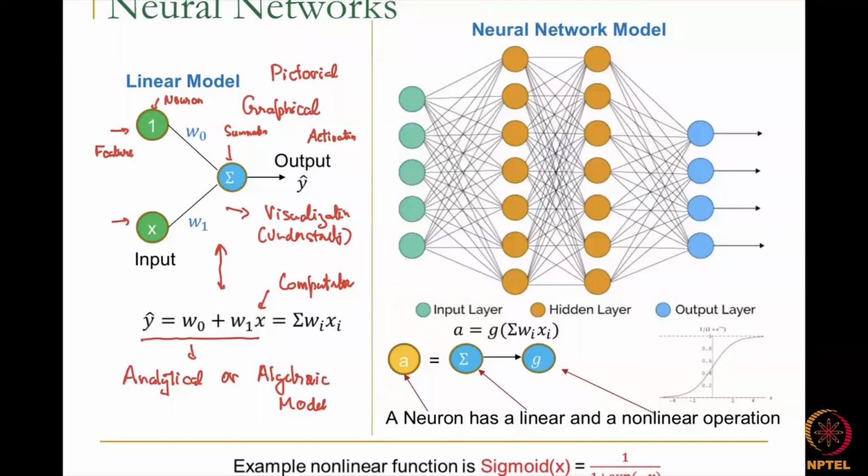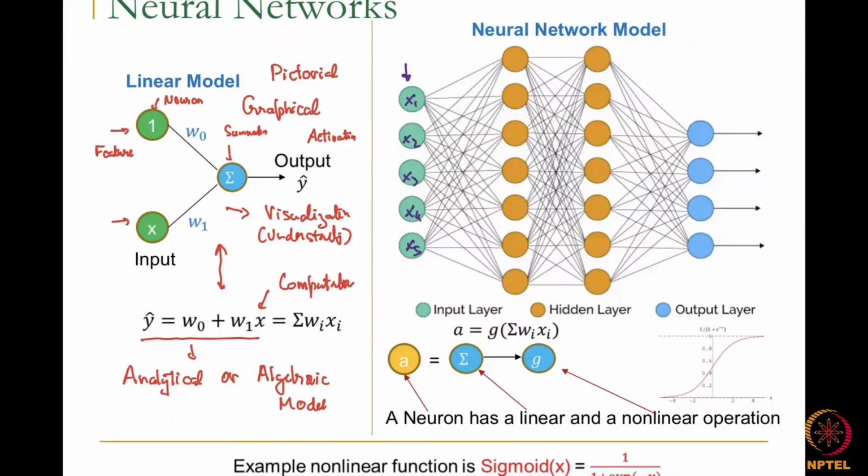Okay, so let's come back here and let's say we have some numbers here, x1, x2. Let's say I had 5 inputs. Okay, or I had an input vector of size 5.